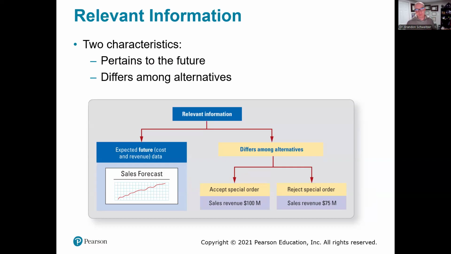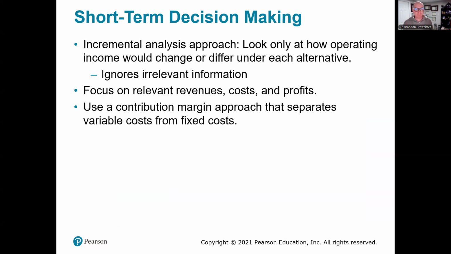So, relevant information would include things like our sales projections, what the future outlook is expected to be, and we'll also look at our alternative decisions and what the impact of our future will be. So those pieces of information are relevant to the decision-making process.